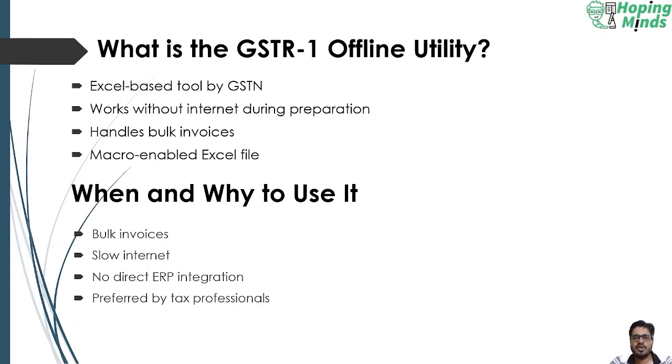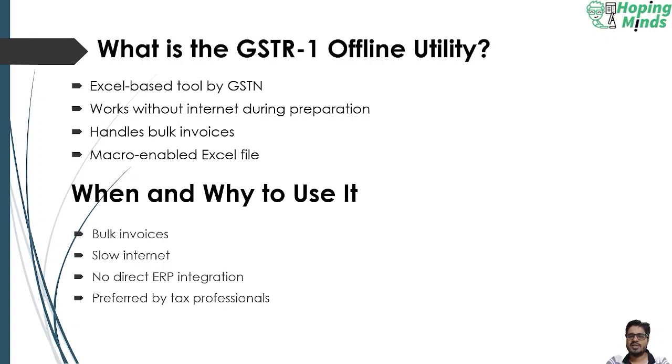Then when and why to use it? Because it involves bulk data and facilitates copy paste function. Then slow internet: wherever there are connectivity issues, this utility is very helpful. Then no direct ERP integration.